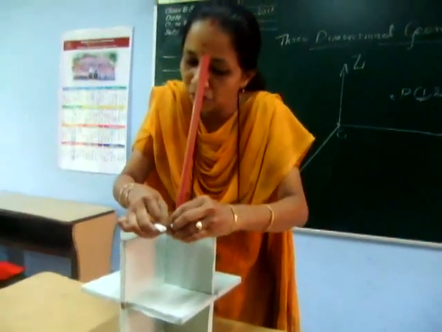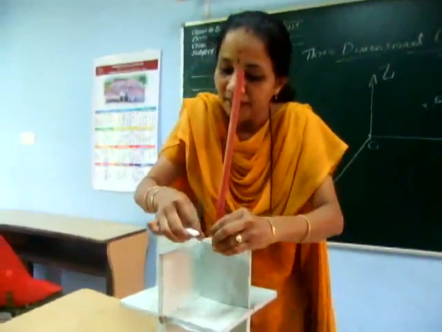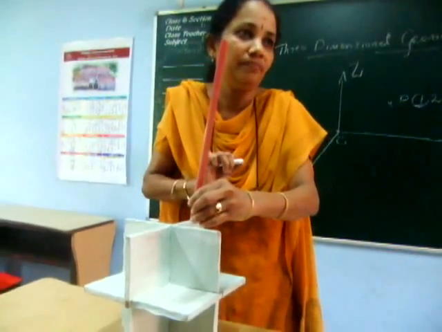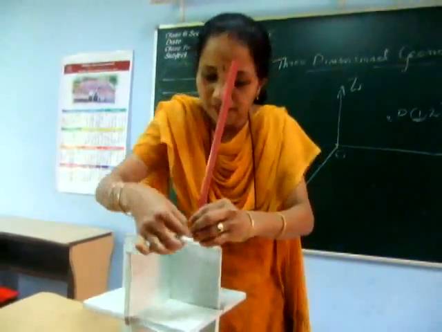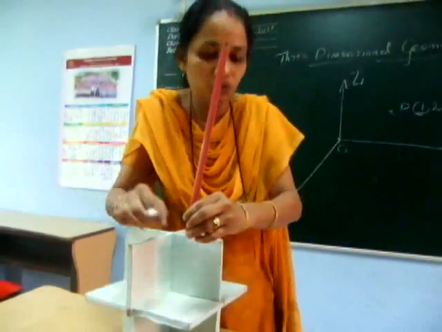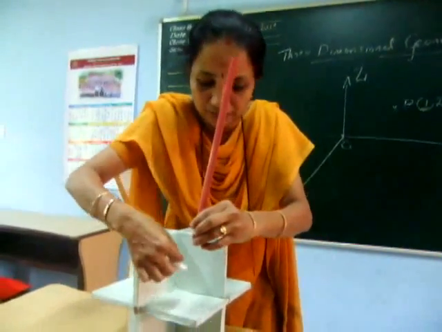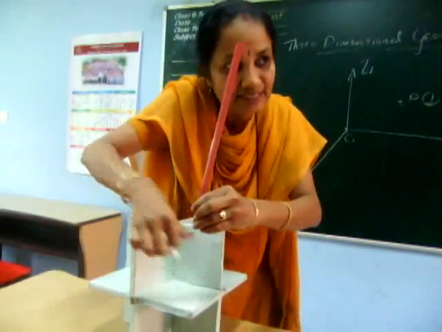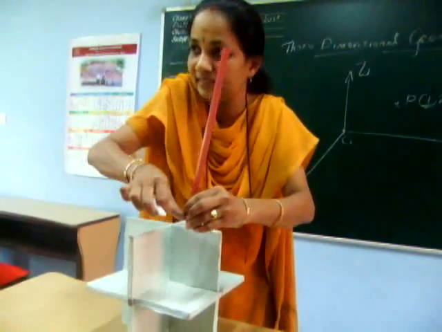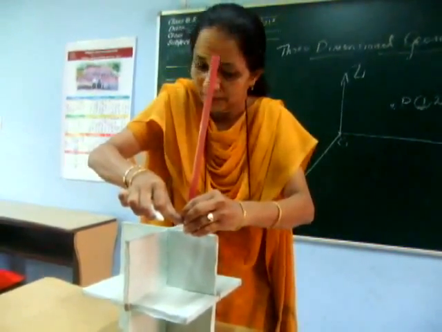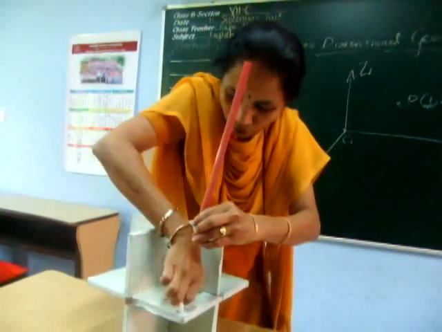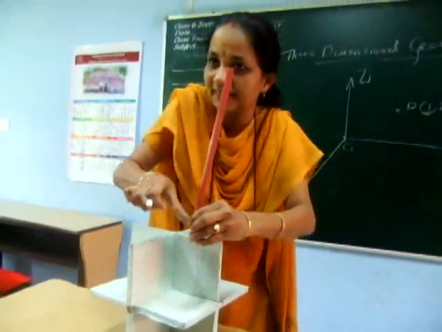The perpendicular distance of the point from the zy plane is called the x-coordinate. Similarly, the y-coordinate and z-coordinate. These perpendicular distances you can measure along the x-axis, y-axis, z-axis.